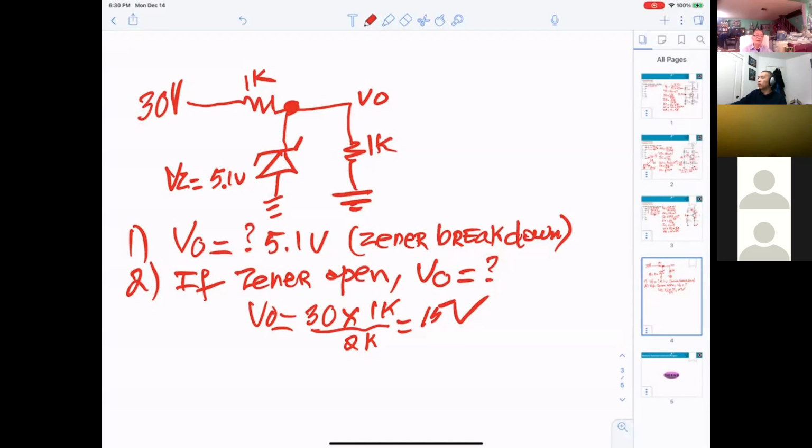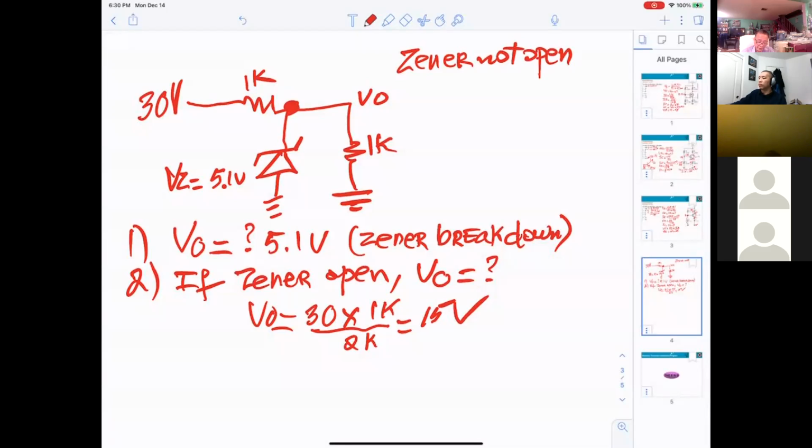So now if the Zener is not open, that's number 3.